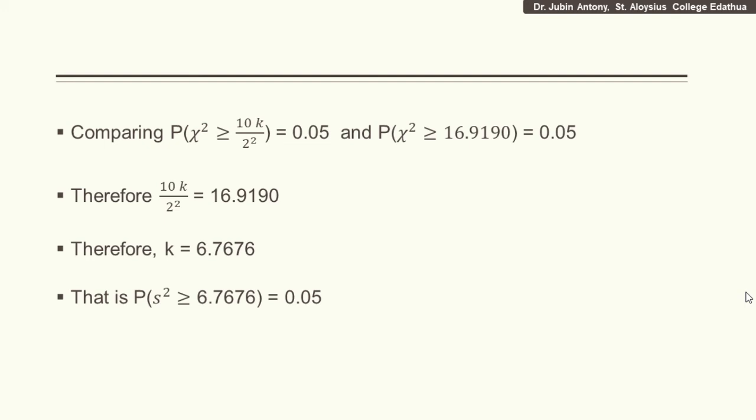Therefore, k is equal to 6.7676. That is, probability of s square greater than or equal to 6.7676 is equal to 0.05.